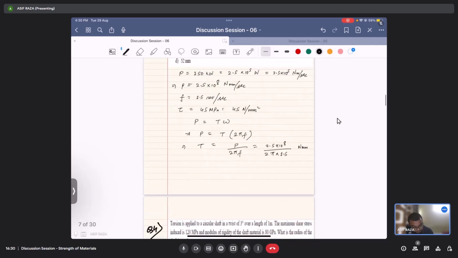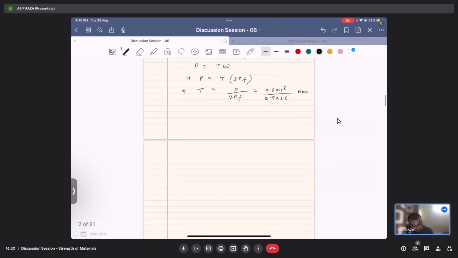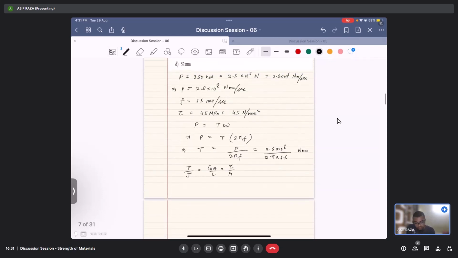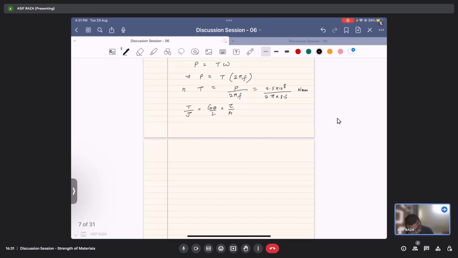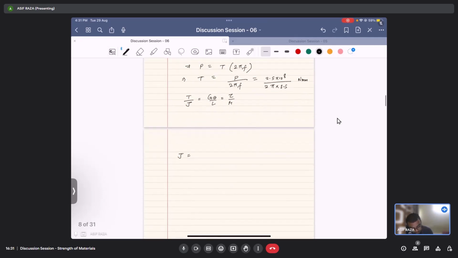Okay, now we need to calculate diameter of the shaft. So let us write the torsion equation, that is T by J equals G theta by L equals tau by R. And since allowable tau is this, first, what would be my J? If diameter of the shaft is D, J would be equal to pi D4 by 32.